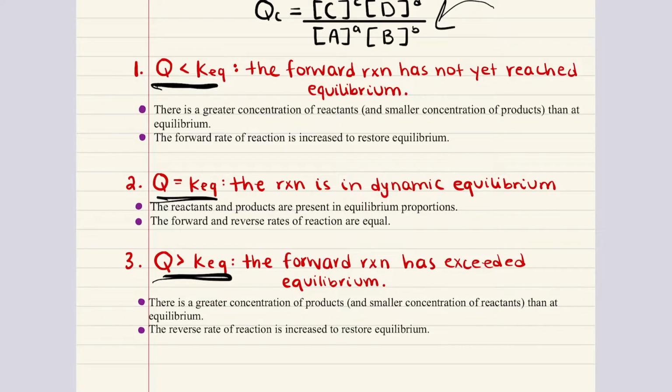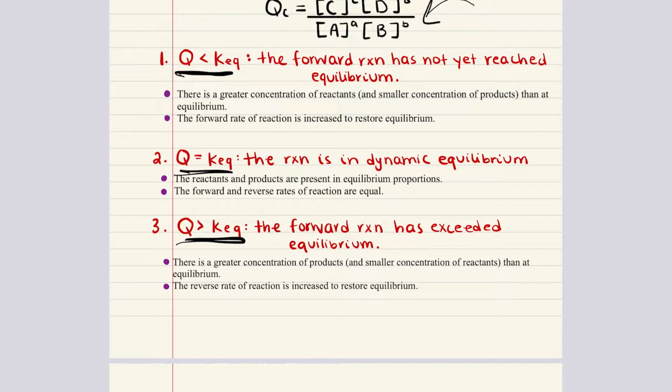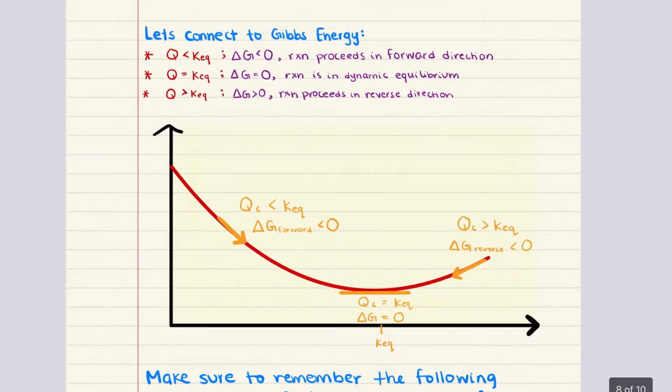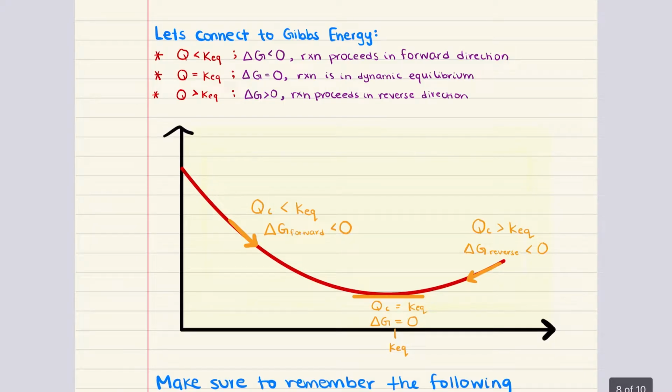Now, in addition to comparing Q and K and what that means for whether the reaction is moving forward or reverse, we can also extract information about the Gibbs free energy. So it's really important for us to understand how these concepts relate to Gibbs free energy and the direction of chemical reactions.